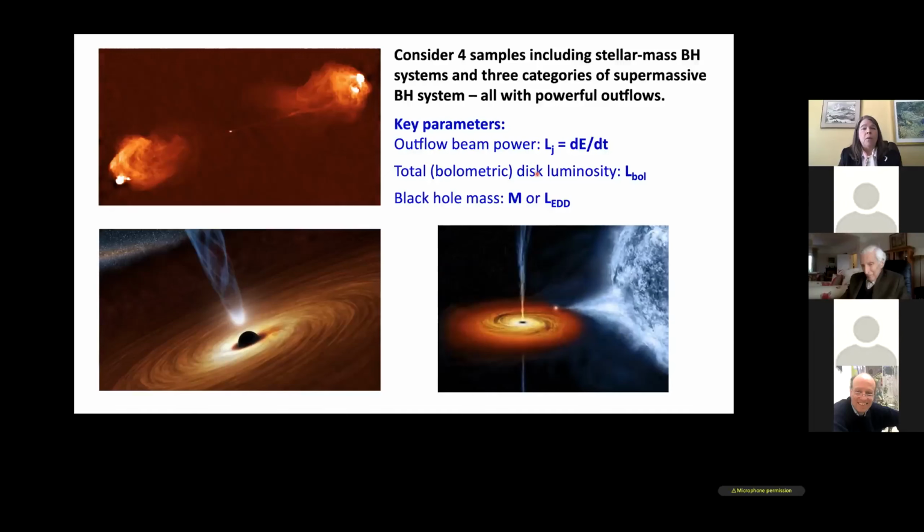Now, you may be aware that there are many well-accepted methods to obtain the total radiant luminosity of the disk and the black hole mass, but there are very few methods to study and empirically determine the beam power. So I'm going to spend a little time on how the beam powers are determined, and then I'll show you the results by combining these 3 empirically determined quantities.